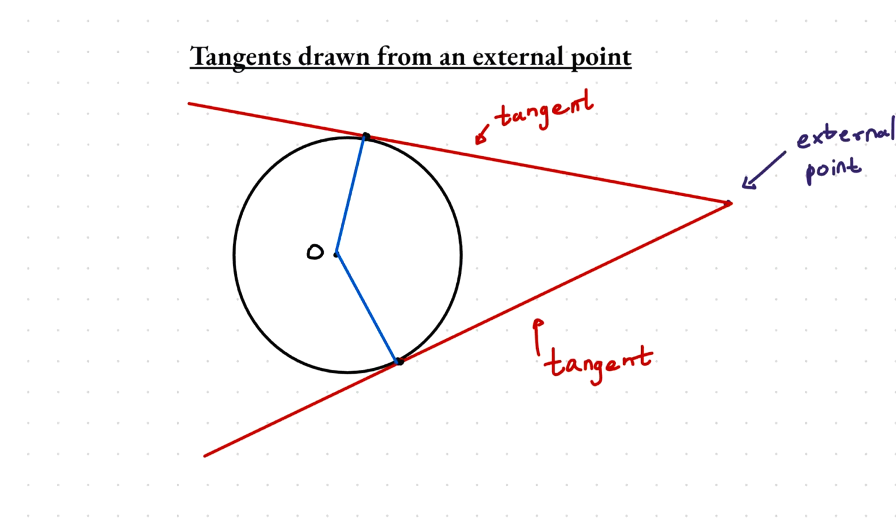So this is the radius, this is the tangent, and the angle is 90 degrees. Here too, this is the radius, this is the tangent, and the angle is 90 degrees. Up to this point, is it clear?